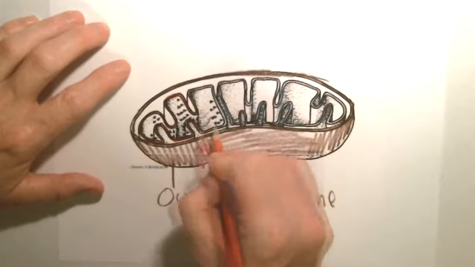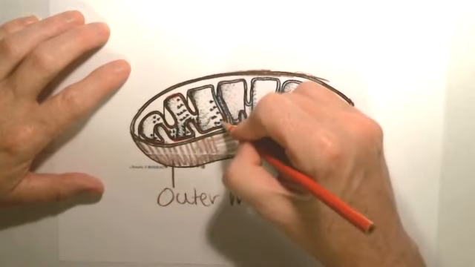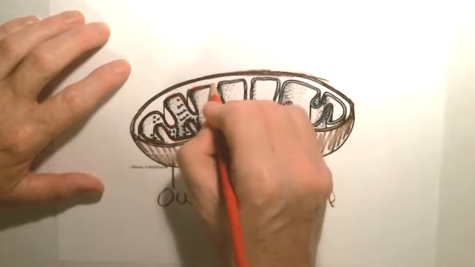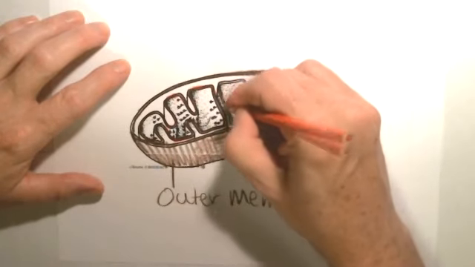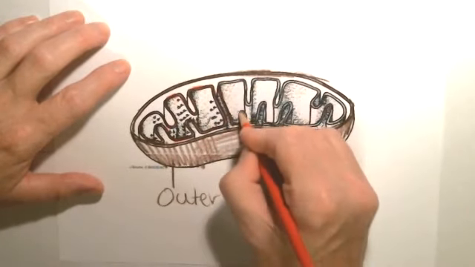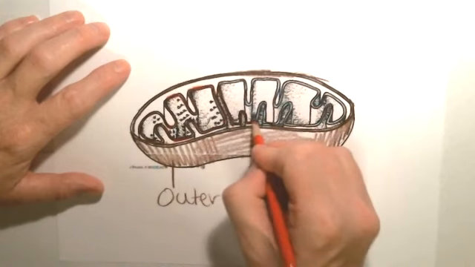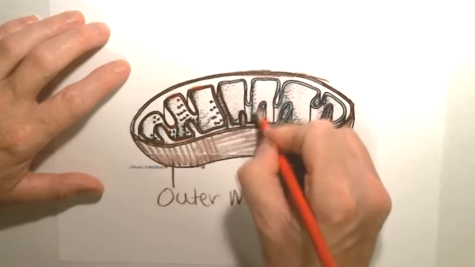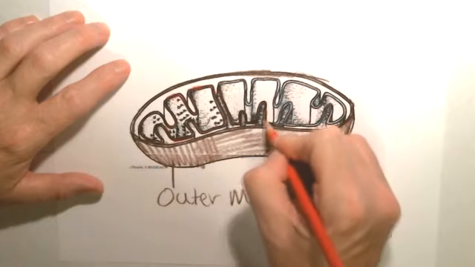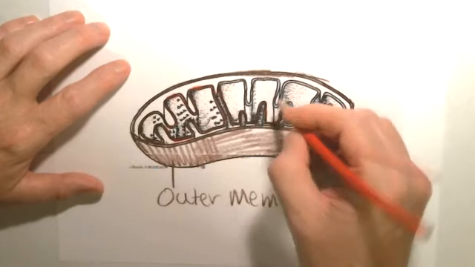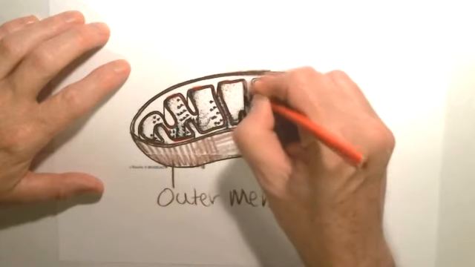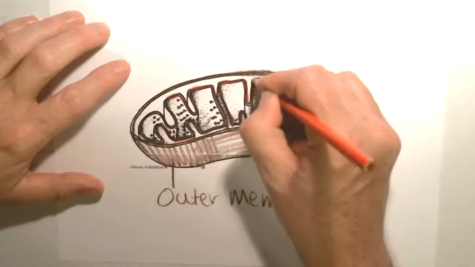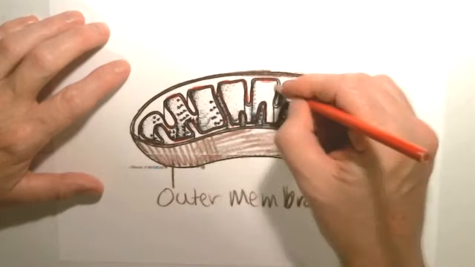Okay, then I'm coloring that red. So it's all of this area here on the inside. And it's just the membrane. So that means that there's going to be a space inside this membrane as well. So this inside membrane has a name, and that name is the inner membrane.